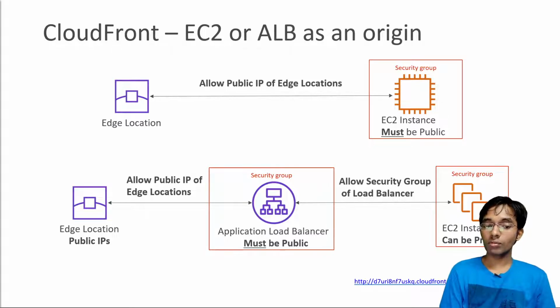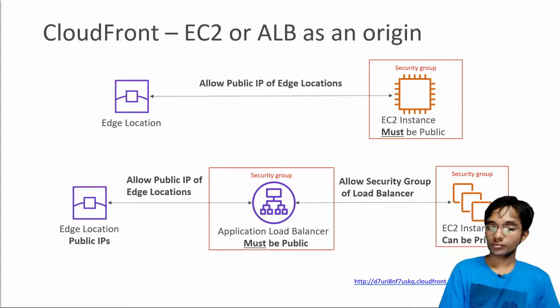Next, we have a more complex architecture with an application load balancer and a security group with EC2 instances in it, maybe in an auto scaling group. We still have the edge locations that have public IPs, and now the network security looks a little bit different. Your application load balancer must be public, otherwise the edge locations will never be able to reach it. In terms of security group, this is just like above: the security group of the ALB must allow the public IPs of the edge locations to get in.